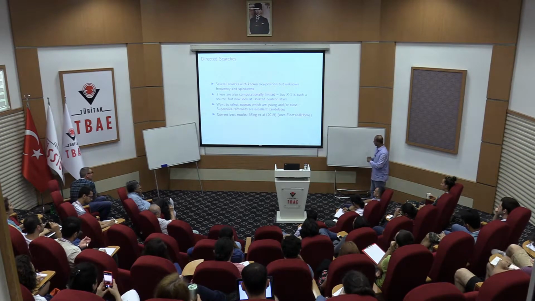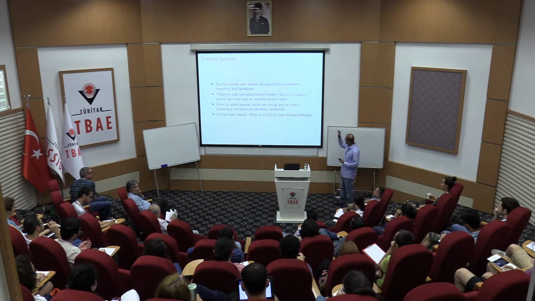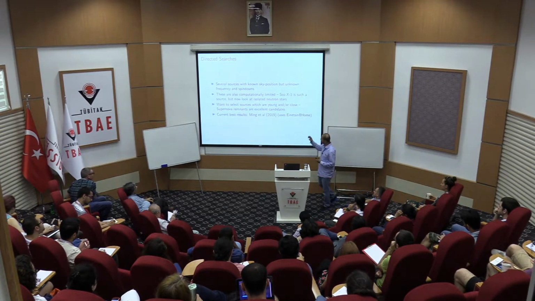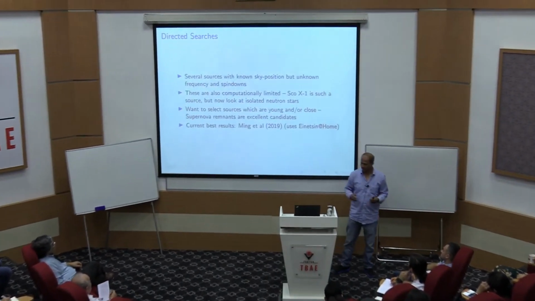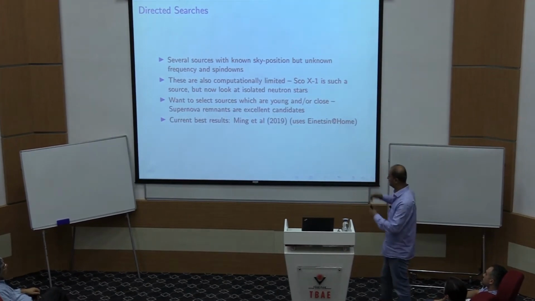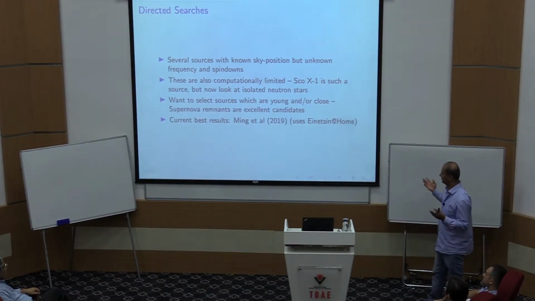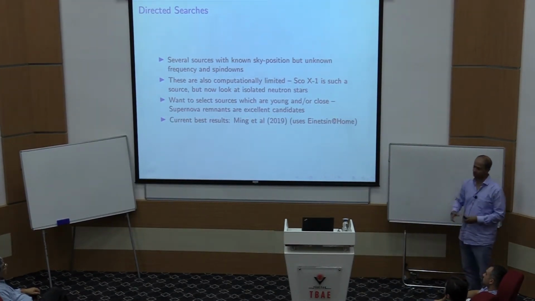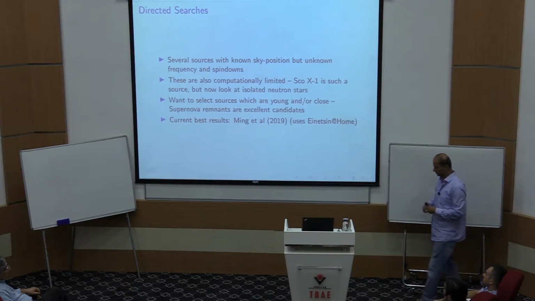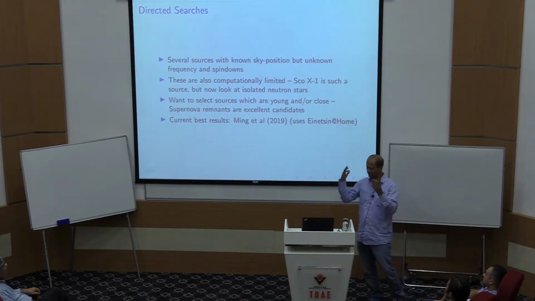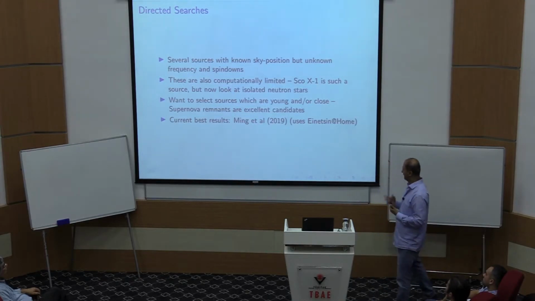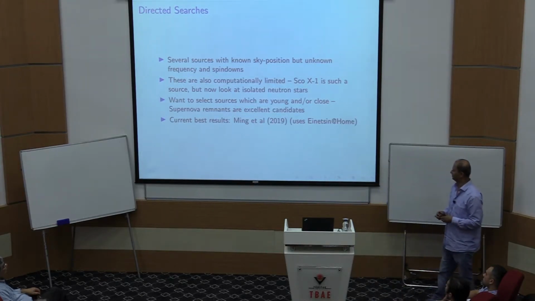So again, just like Scorpius X1, these are searches with known sky positions but unknown frequencies and spin downs. In this case, one example is Scorpius X1, but now you can also look at neutron stars which are not in binaries, but just places that we expect neutron stars to be. And excellent candidates are supernova remnants.